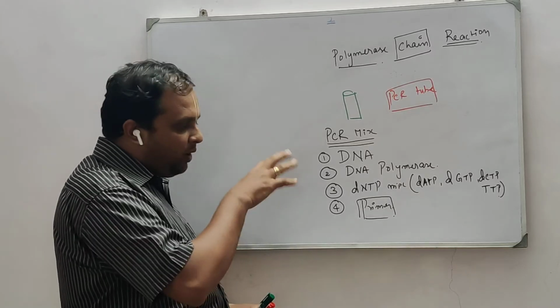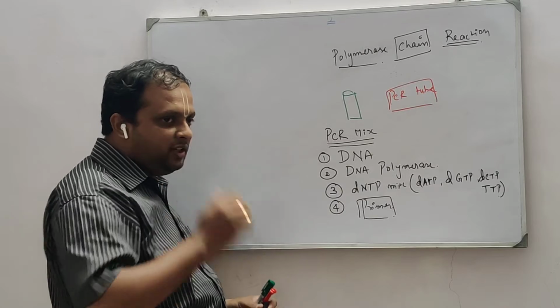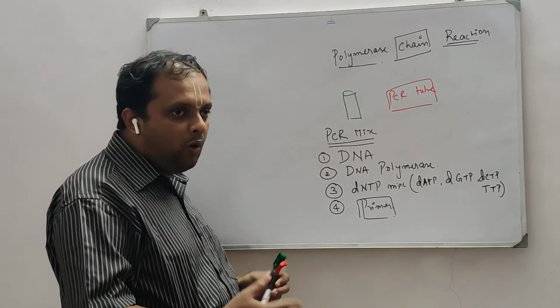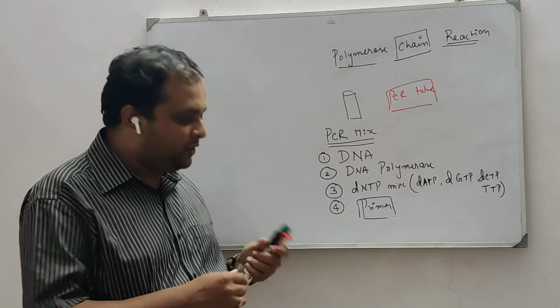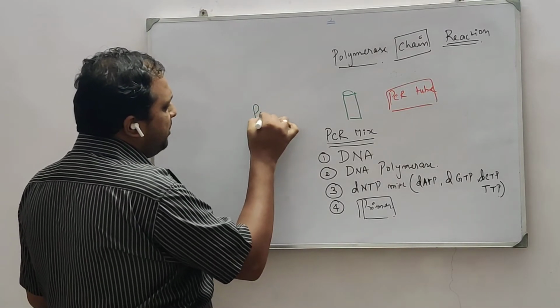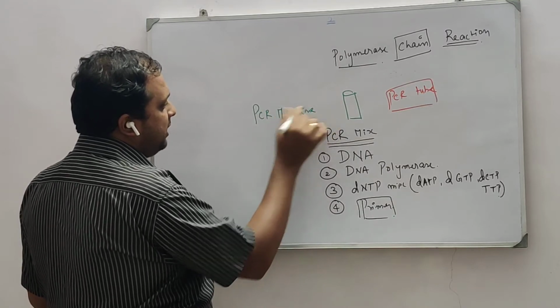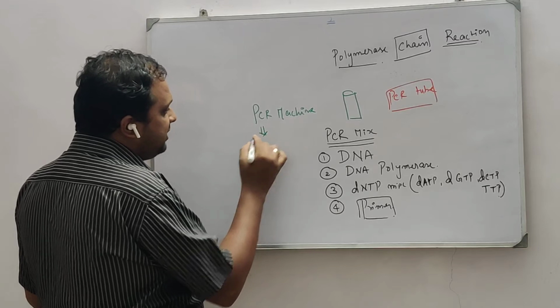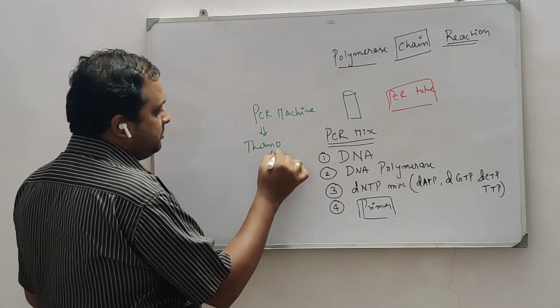Right. So you add all these things and then you put it in a machine, because the reaction needs to happen. The reaction doesn't happen on its own when you add all these ingredients. So this needs to be kept in a machine, and that machine is what is simply called a PCR machine, which is basically a thermocycler.